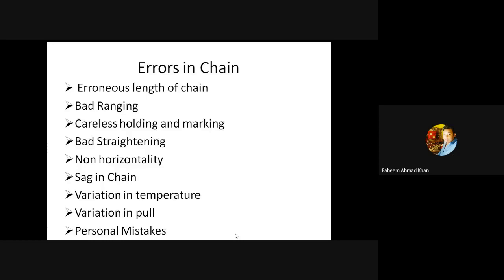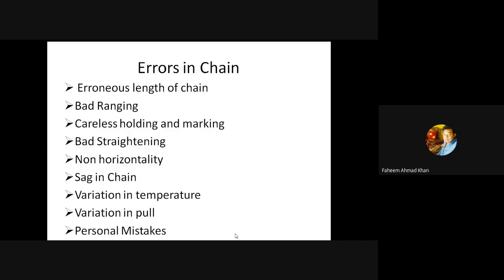The third point is carelessness in holding and marking. Now, this is also compensating in nature and it may be positive or negative. The follower may sometimes hold the handle to one end of the arrow and sometimes to the other side. The leader may thrust the arrow vertically into the ground or exactly at the end of the chain.